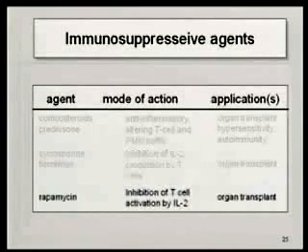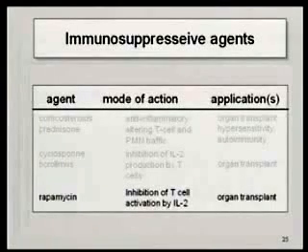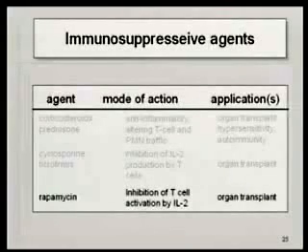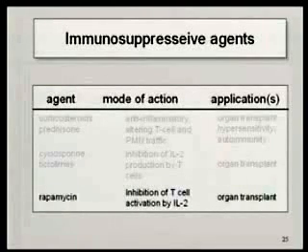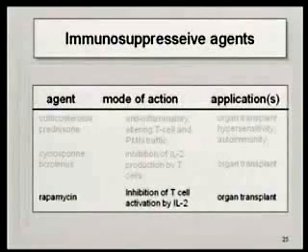Okay. The third one is rapamycin, which is similar to tacrolimus and cyclosporin, but its mode of action is slightly different. It prevents activation of cells by IL-2. If you remember, IL-2 binds to this receptor, IL-2 receptor, and stimulates the cells, activates the cells to go into proliferation and also activation. Okay? So there's a very slight difference between the mechanism of action of these two and rapamycin.